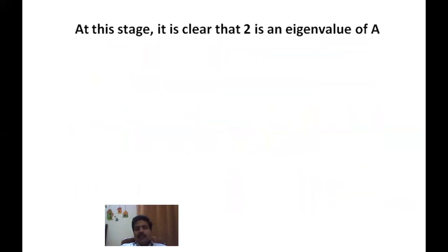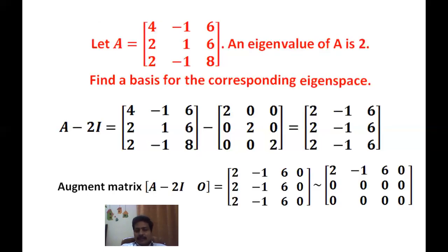So at this stage we can say that 2 is an eigenvalue of A, since this matrix has a non-trivial solution. Not all the rows have a pivot, and the columns are also linearly dependent.